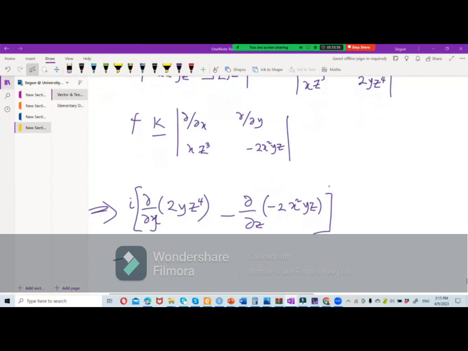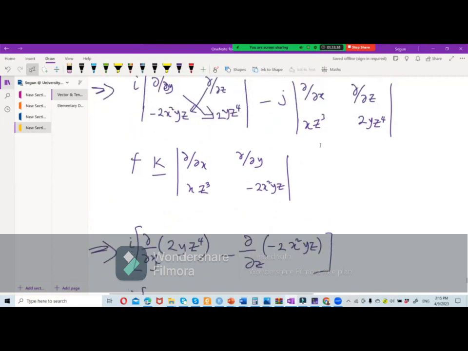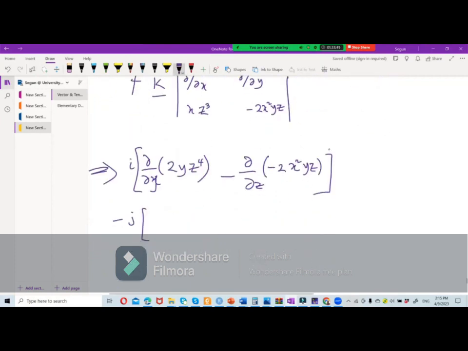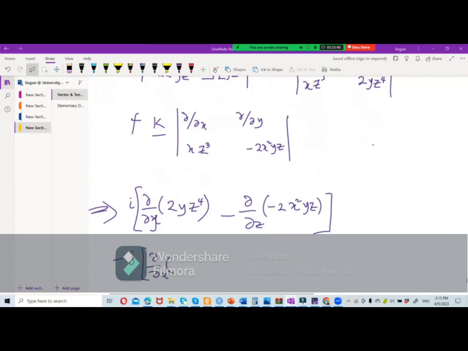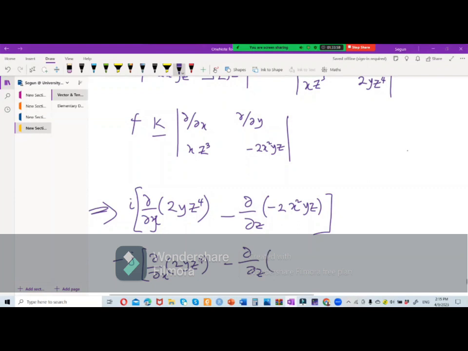Minus j. For your j, it is d/dx of 2yz⁴ minus d/dz of xz³.